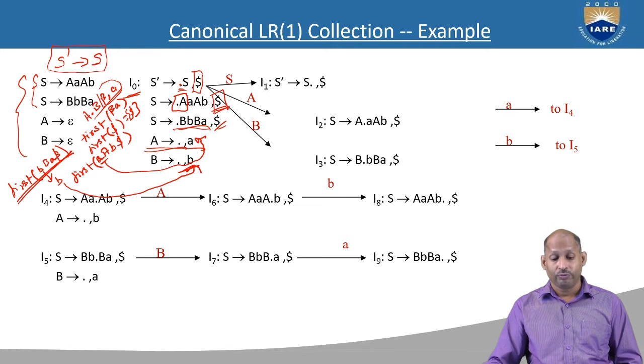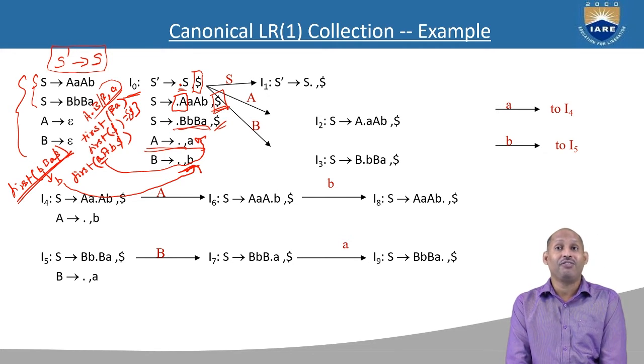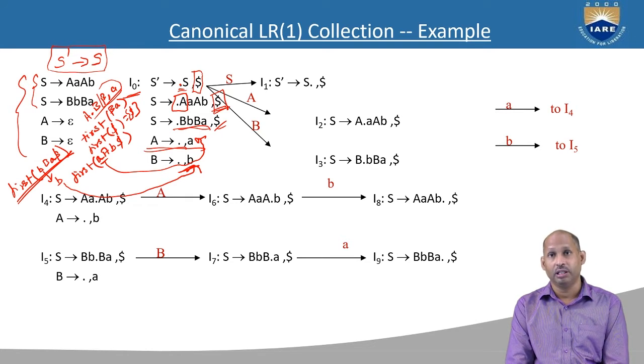So in the A production, we added terminal A as additional information because first of beta A is giving A. For B production, we added terminal B since first of beta A is giving the terminal B. So we include that one.